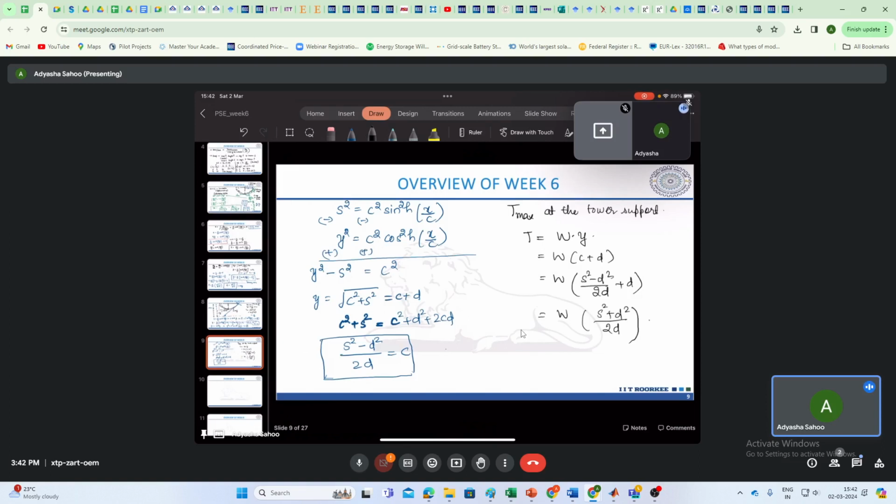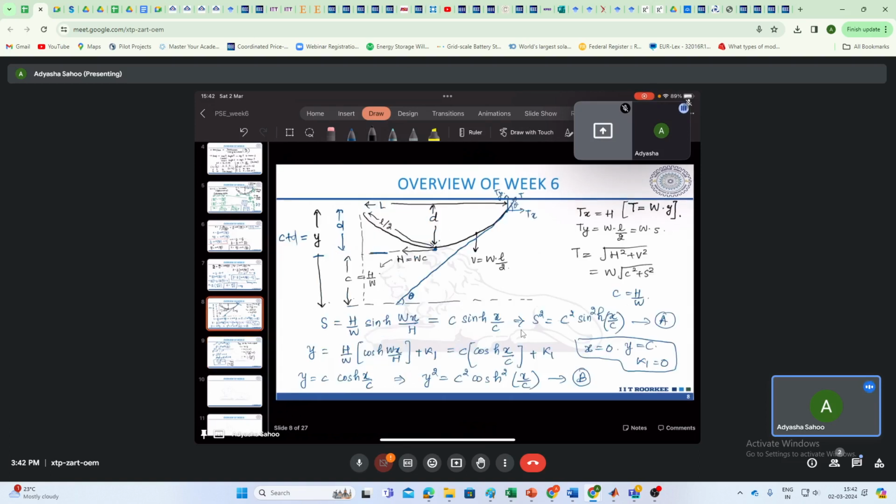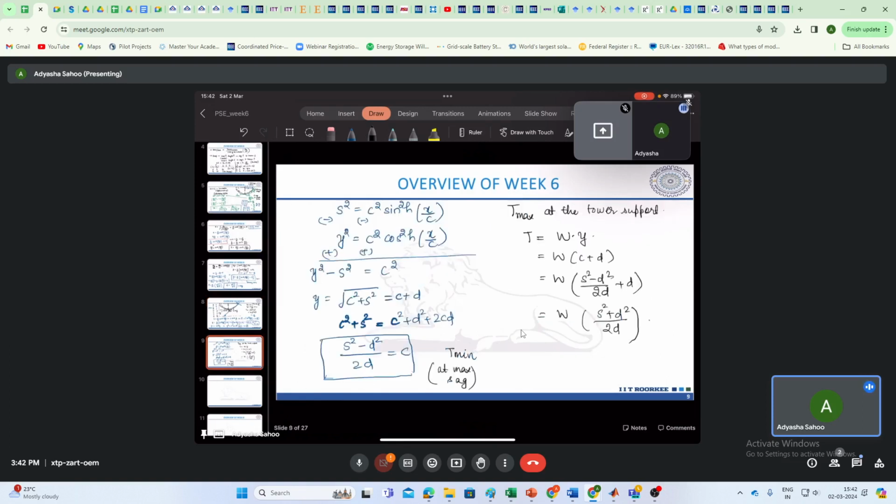And T minimum, which will be basically at the maximum sag point. So basically this point here, this is your sag maximum, T minimum. So here no Ty component is there, right?